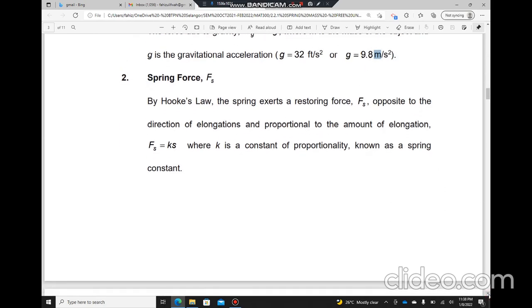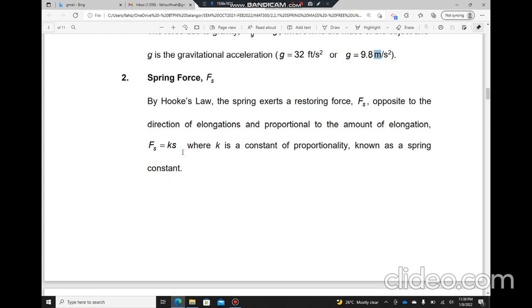Okay, the next force is the spring force, Fs. By Hooke's law, the spring exerts a restoring force Fs opposite to the direction of elongation and proportional to the amount of elongation.